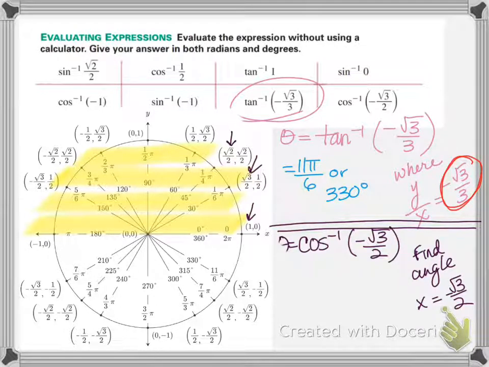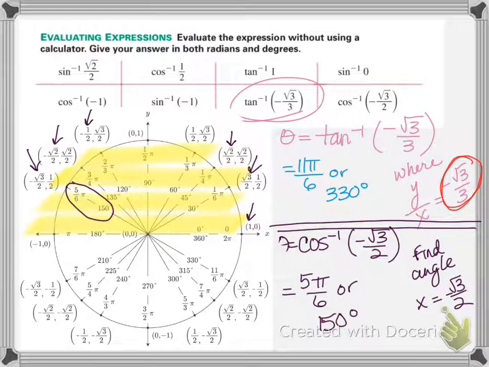X's are negative on this side. So checking, voila. There are our answers. So 5 pi over 6 or 150 degrees is our answer for inverse of cosine of negative square root of 3 over 2.